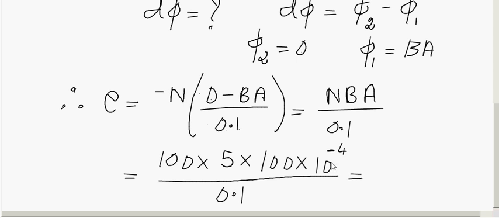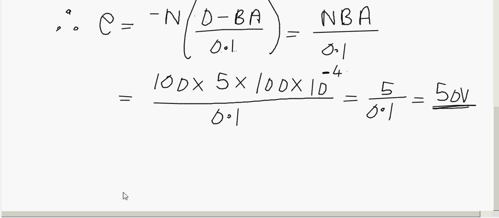Now when you do the calculation, this 100 into 100 will become 10 to the power 4. That will get cancelled with this 10 to the power minus 4. So this will be equal to 5 by 0.1, which is nothing but 50 volts. Induced EMF E is 50 volt.